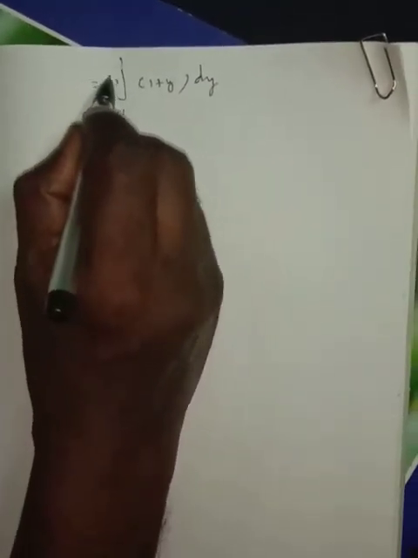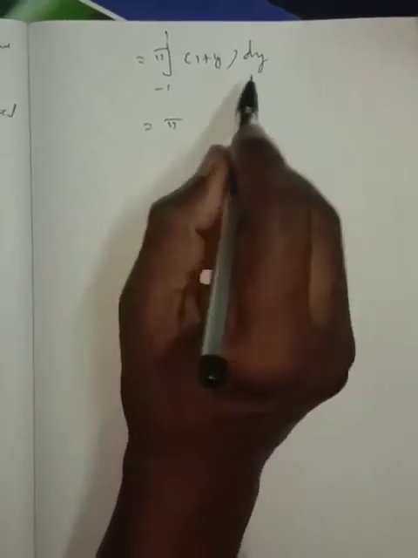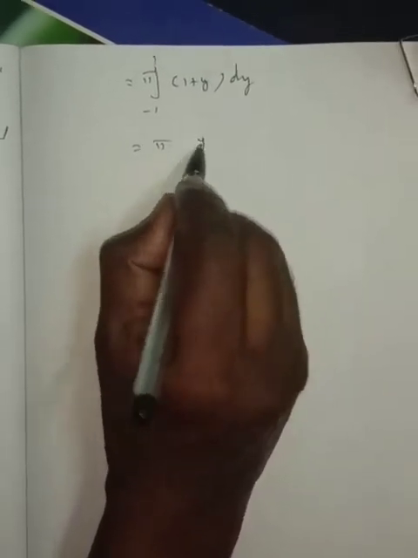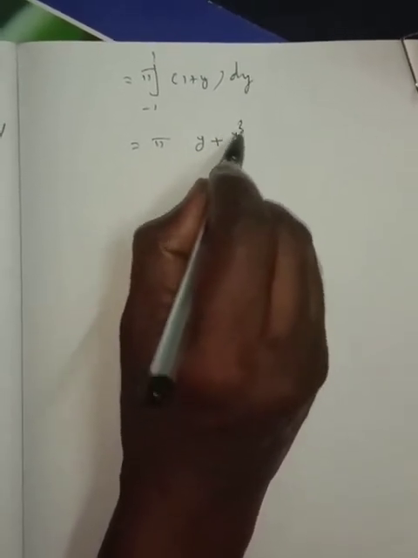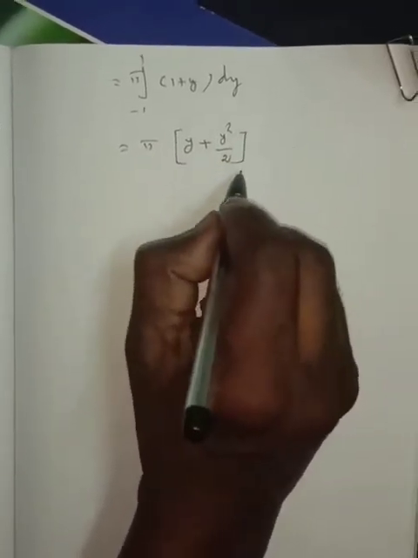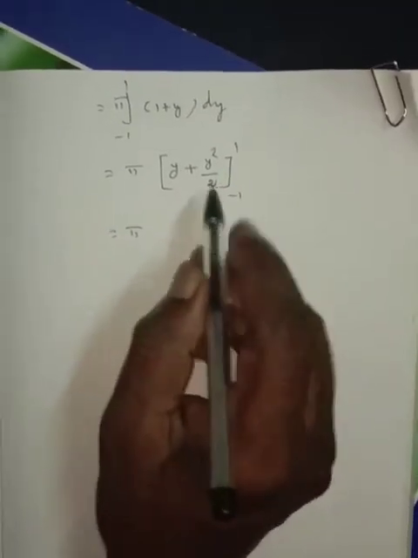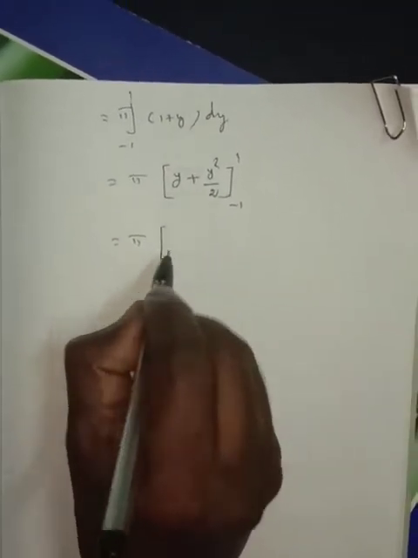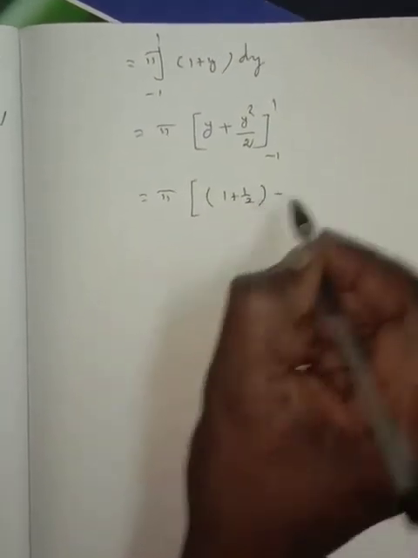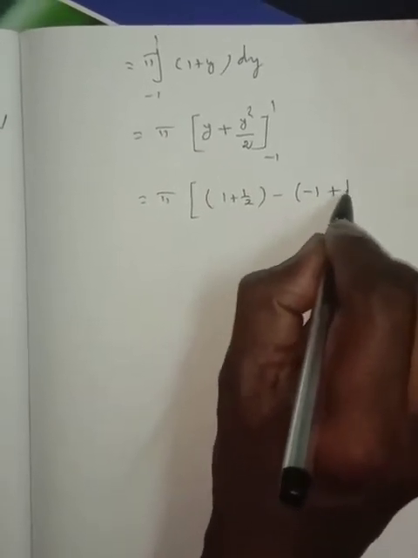Pi is equal to pi integral of 1 plus y dy. Integrating we get y plus y square divided by 2, from minus 1 to plus 1, is equal to pi. Apply upper limit: 1 plus 1 by 2, minus, apply lower limit: minus 1 plus 1 by 2.